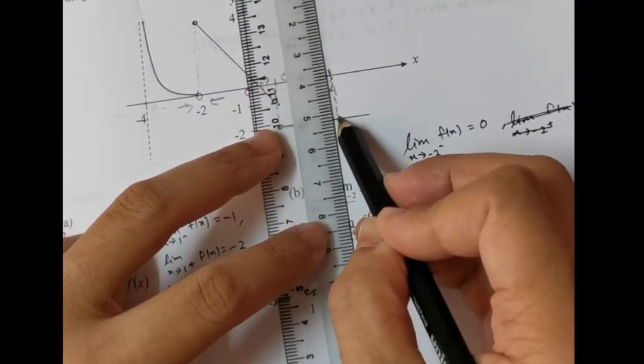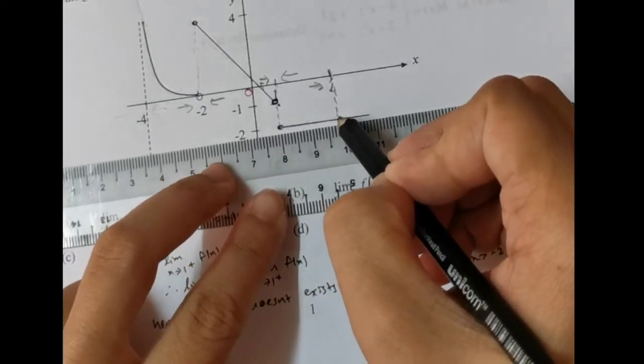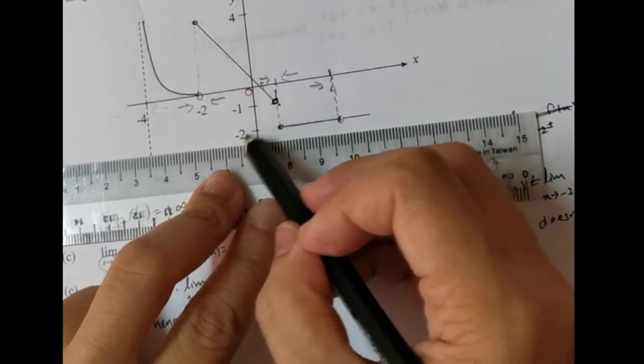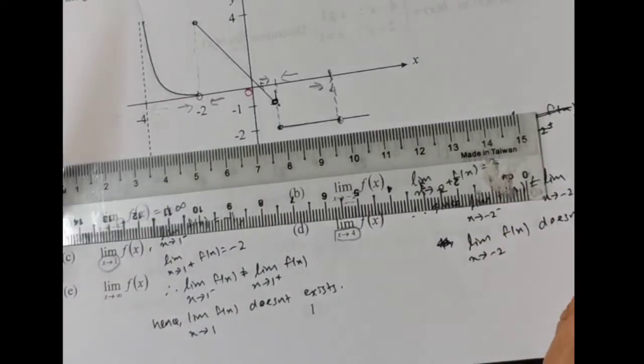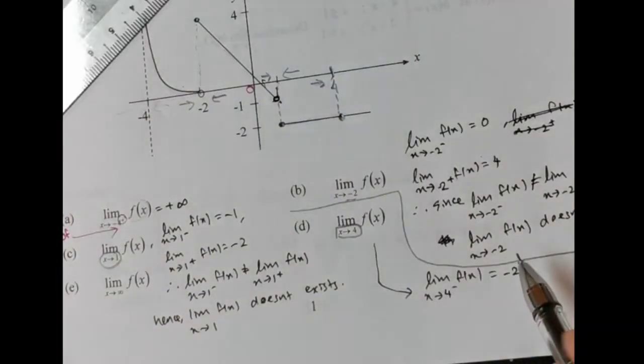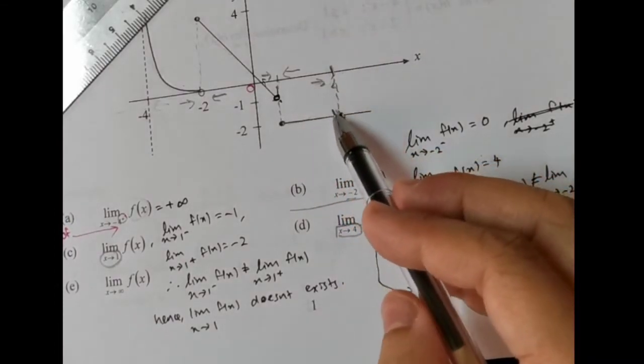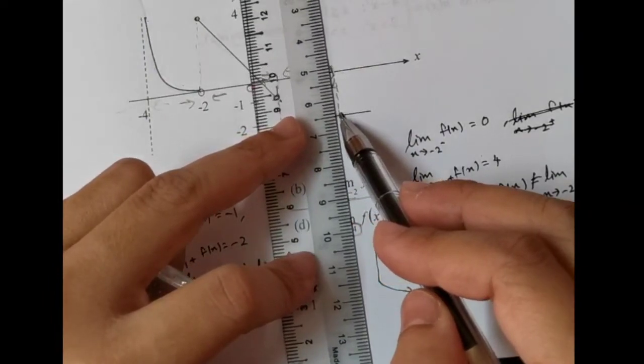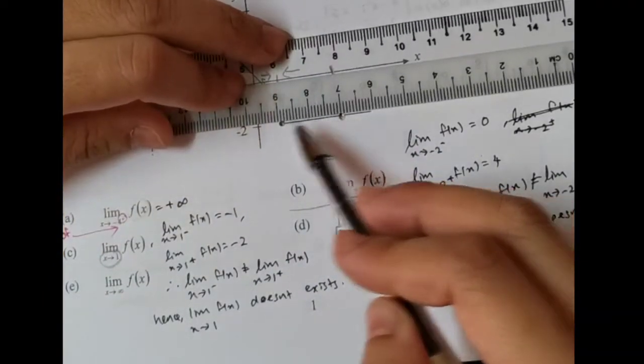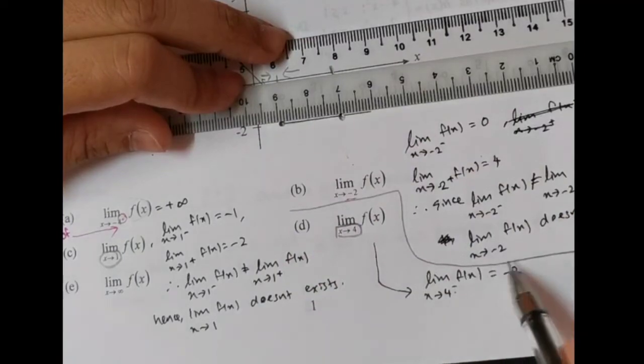What is the value of y here? We can see the value of y here is actually -2. Remember we write the superscript negative on top of 4, which refers to the left-hand side of x equal to 4. From the left-hand side, the value of y is -2. That's why we write -2 here.